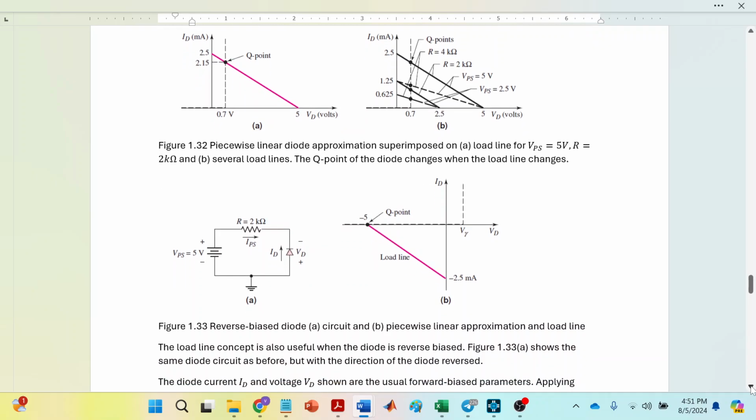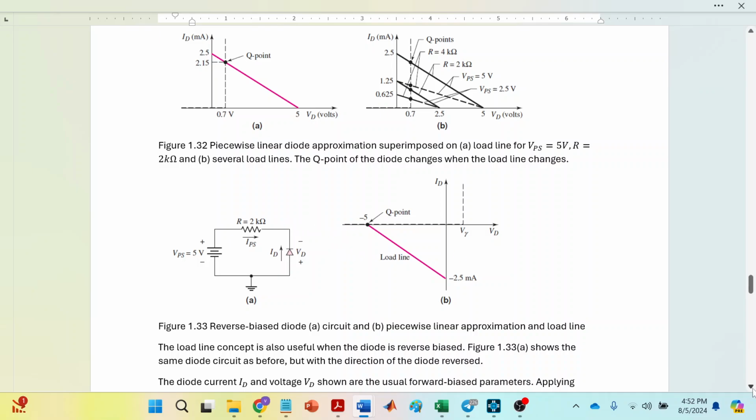Conversely, you can also apply the concept of the load line and the piecewise linear model when the circuit is in reverse bias. Here you are applying a positive voltage to the negative side of the diode, indicating that it is in reverse bias.